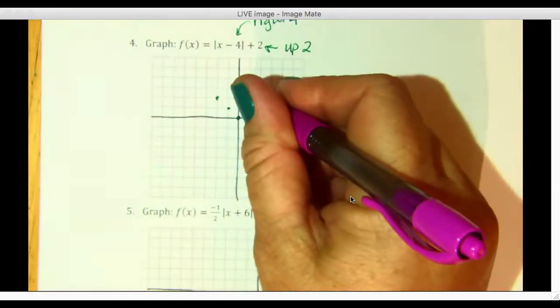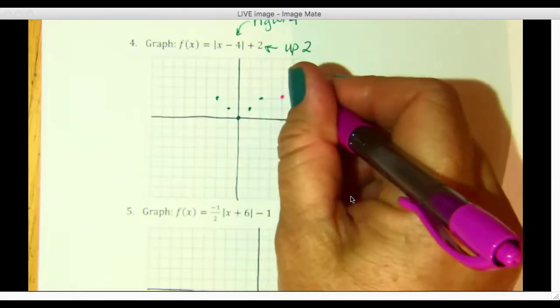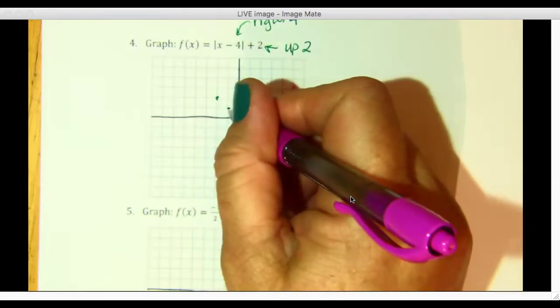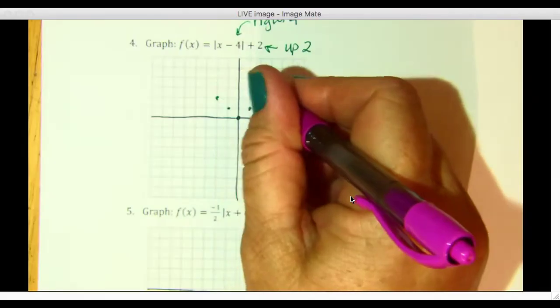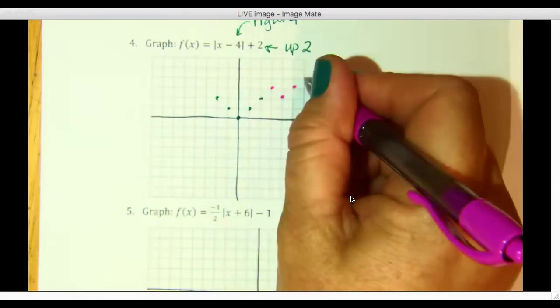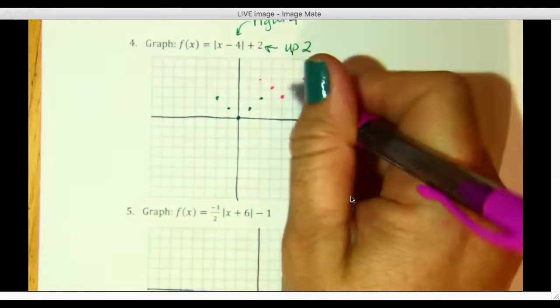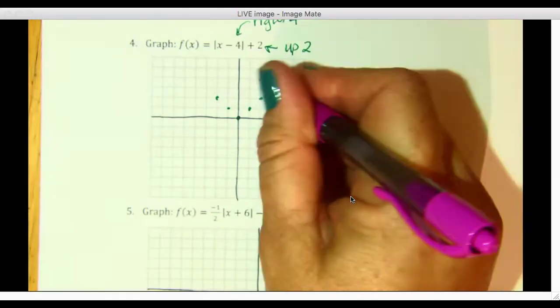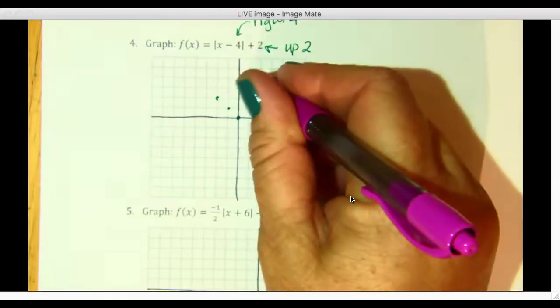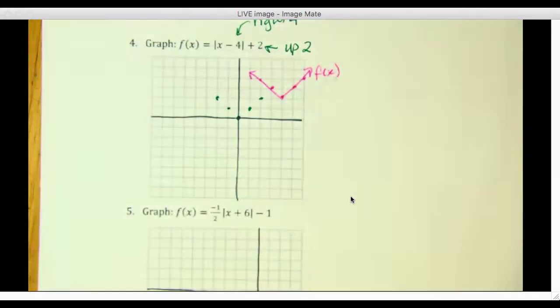Up 2 and right 4. Up 2 and right 4. And I can continue moving those and drawing my graph. And that is f of x.